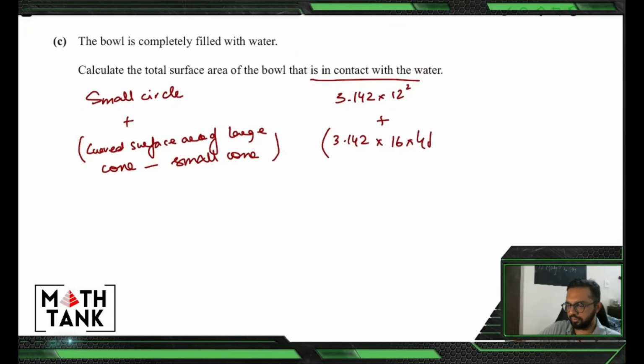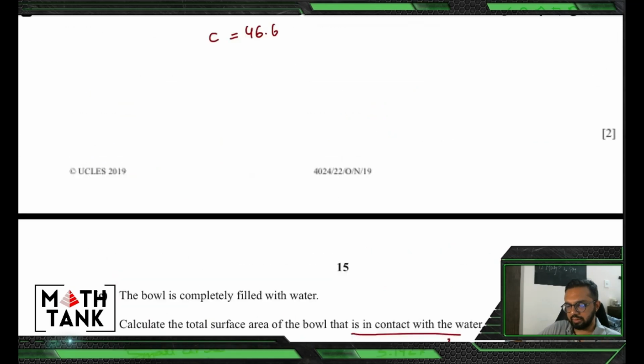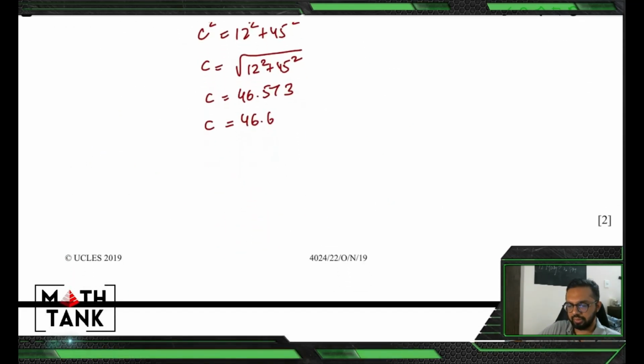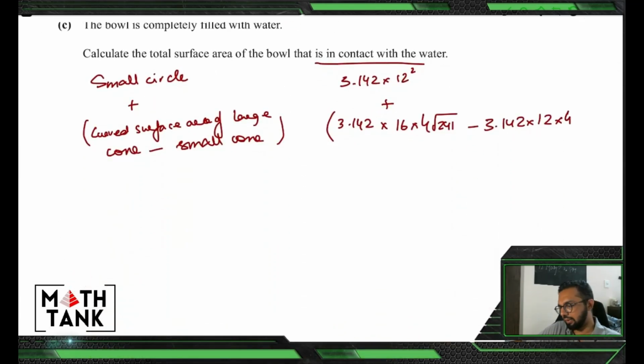So 4 root 241. And for the smaller one, 3.142 and L, the slant height of the smaller one. So I'm going to take 46.573 just to have the answers more precise.